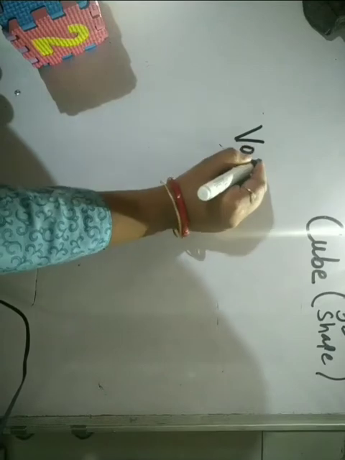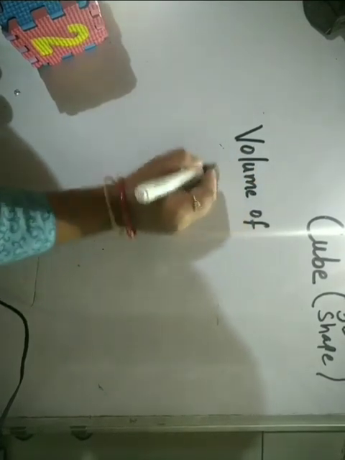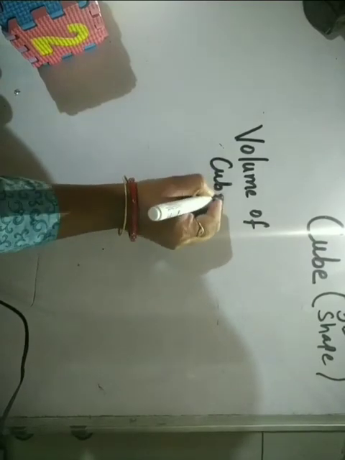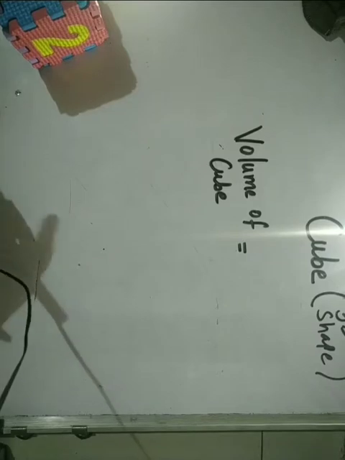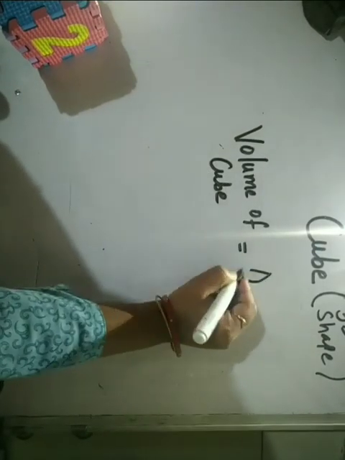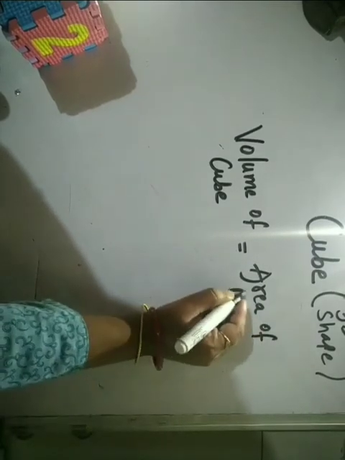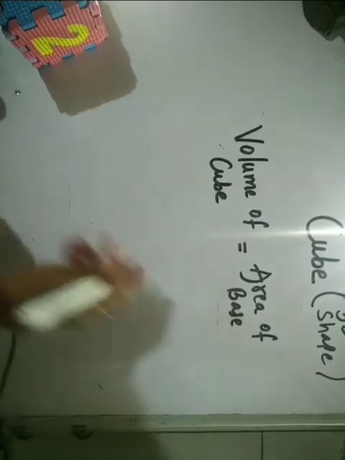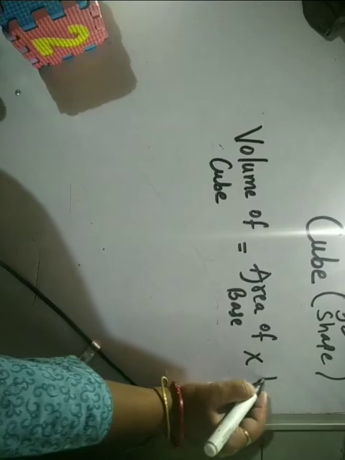Students, whenever we are talking about volume of cube, not only about cube, whenever we are talking about volume, always remember that to find the volume, we need to multiply its area of base with its height.